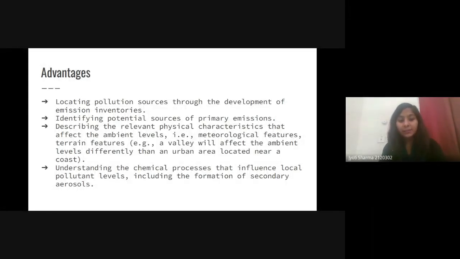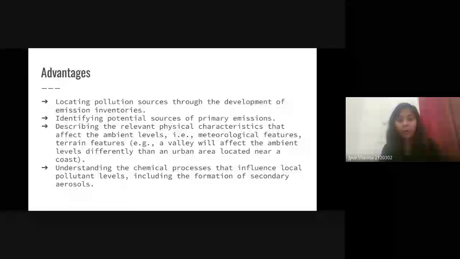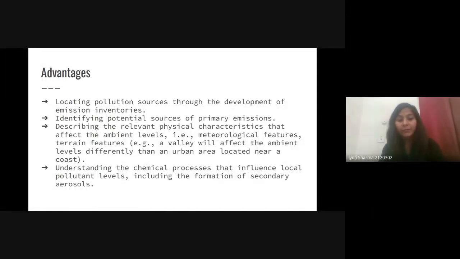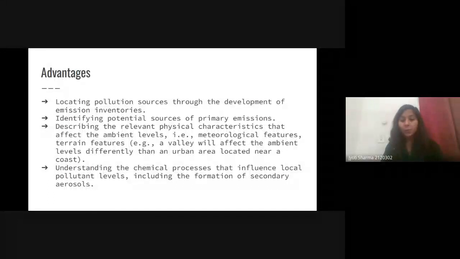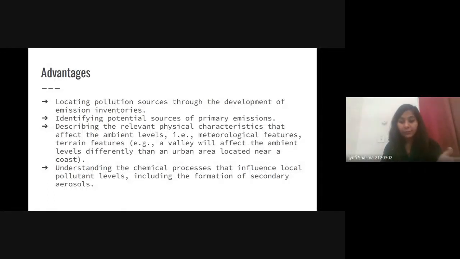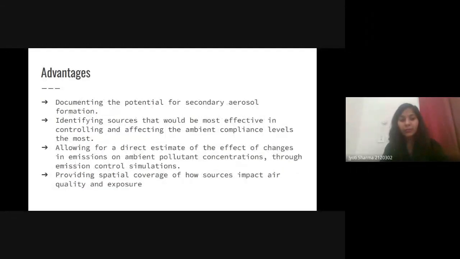Then understanding the chemical processes that influence local pollutant levels, including the formation of secondary aerosols. As we said, after getting the information about the primary pollutant, we will feed this information into chemical models that will tell us how much secondary pollutant is being formed. So we will also get such information. Then documenting the potential for secondary aerosol formation, which we already talked about.